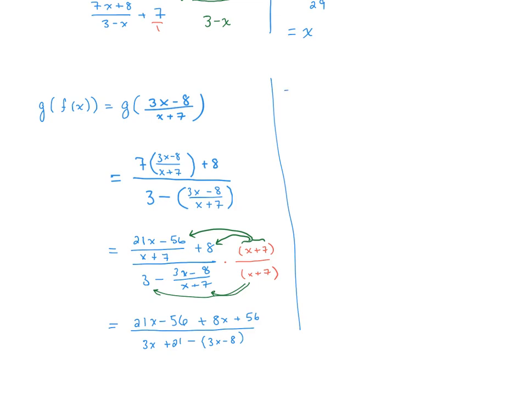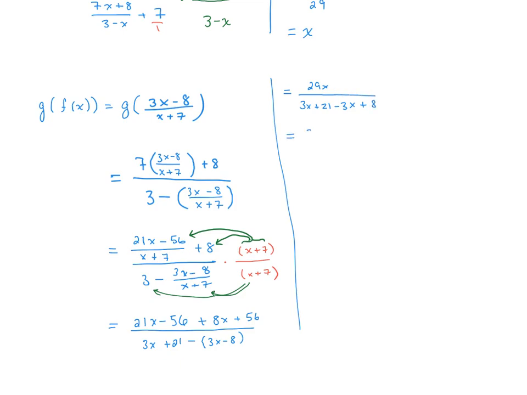And so we obtain 21x plus 8x will be 29x, minus 56 plus 56, those go away. And in the denominator, we have 3x plus 21 minus 3x plus 8.